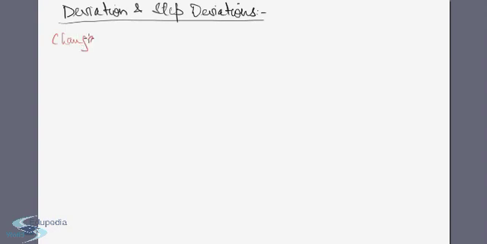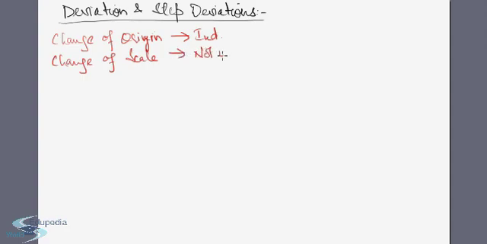So we have it independent of change of origin but not change of scale. Now what is this change of origin or change of scale? Let's understand them one by one. Change of origin.